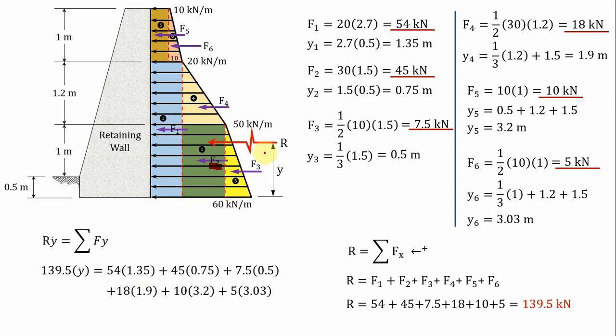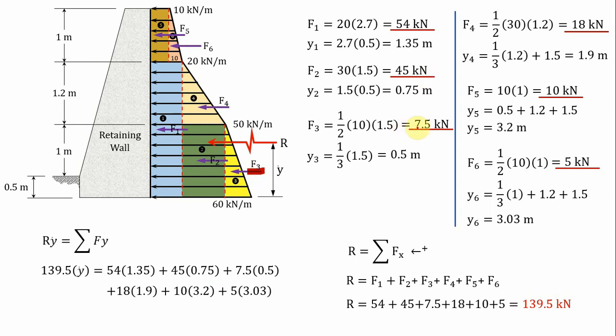Our F2 is 45 kilonewton times what moment arm? The moment arm is the perpendicular distance of the force from this point, and that is equivalent to 0.75 meter. So 45 times 0.75. How about F3?